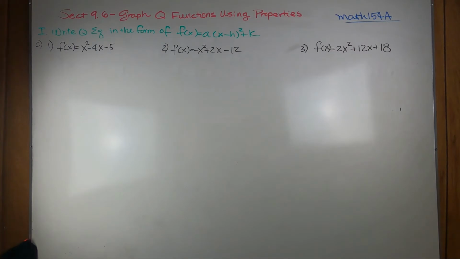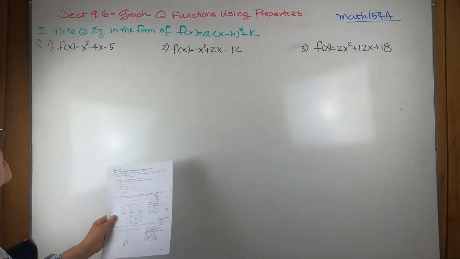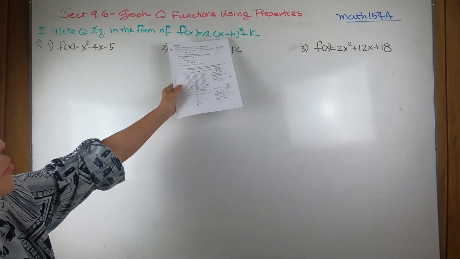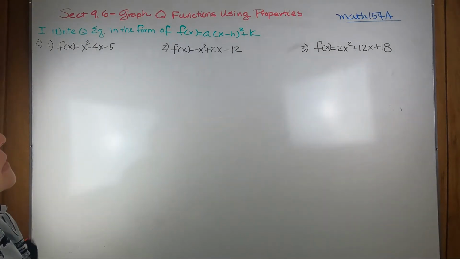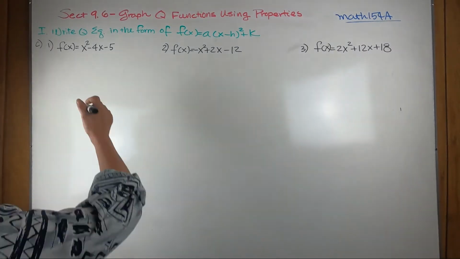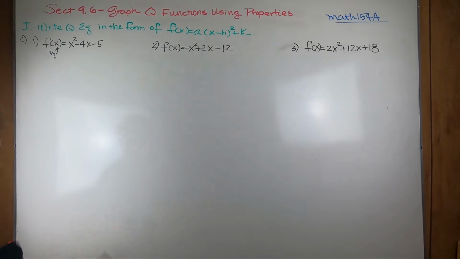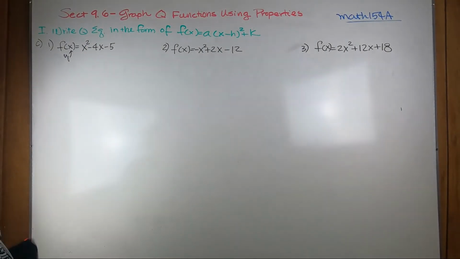Let's see the next 3 examples, using the vertex form with the vertex, to graph the quadratic function. So f of x is your y, right? Then let's see what's the difference between these 3.